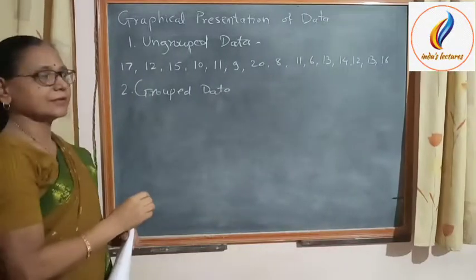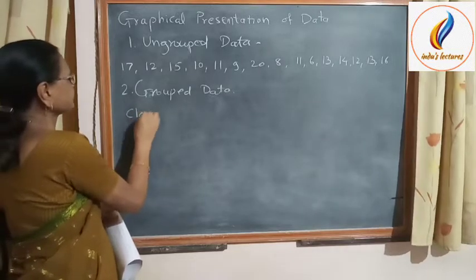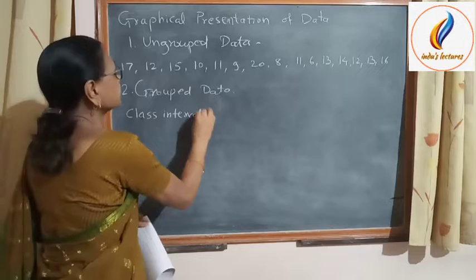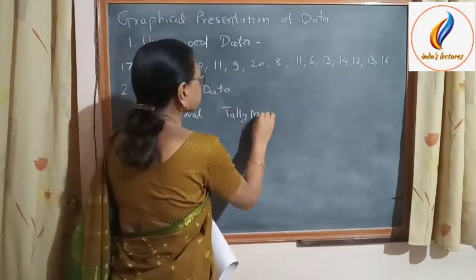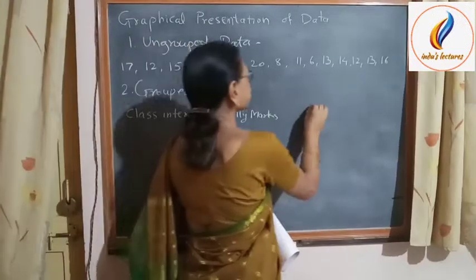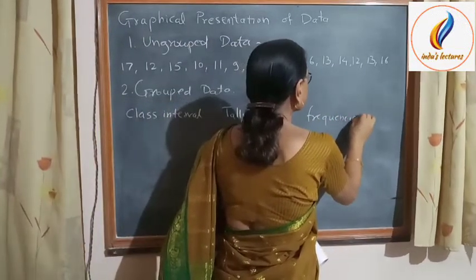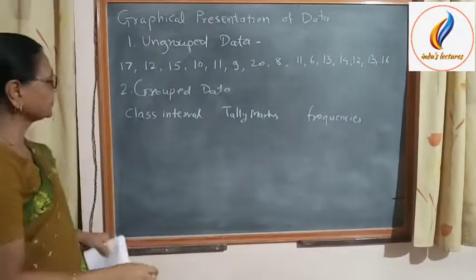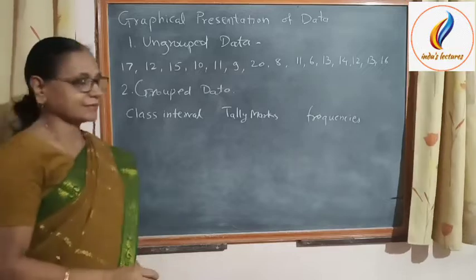Prepare the table as: first column is class interval, second is tally mark, and third is frequency. Now, in this example, the minimum score is 6 and the maximum score is 20.